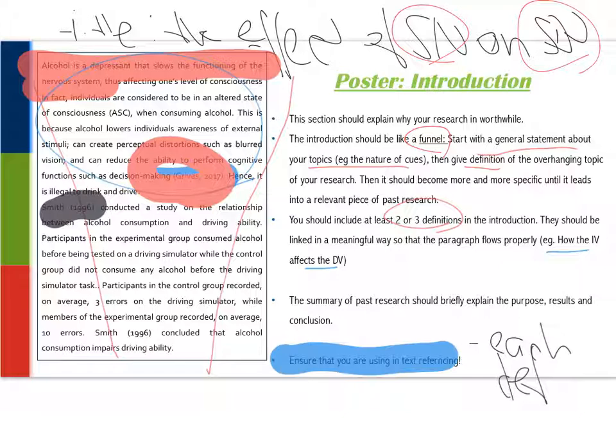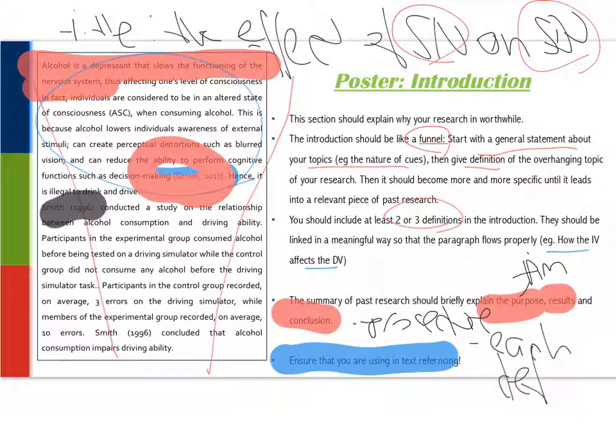You only have so many words to use, or you do have a word limit, so you need to make sure that you're only looking at the purpose or the aim, the results, and the conclusion. You might also consider, if you have room, a very brief sentence on the procedure, like what they did. But that is not necessary. So I just want the aim, the results, and the conclusion.